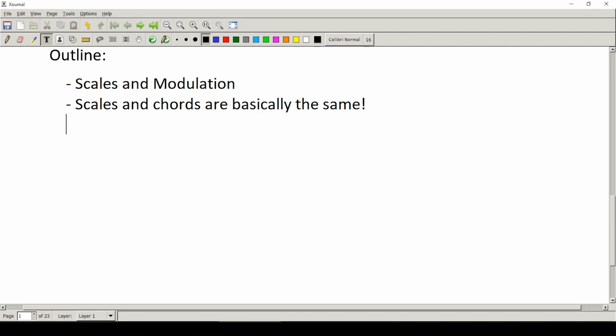Chord scale theory sort of says that you can take a chord and you can flesh it out into a scale. I don't necessarily want to think about it that way. I'm going to say that if you think about chords as like 3 or 4 note objects and scales as like 6 or 7 note objects, they behave basically the same way, just with more notes, even though they have different numbers of notes within them.